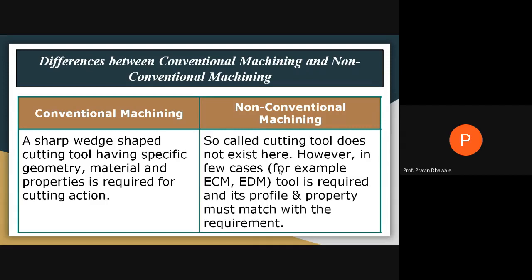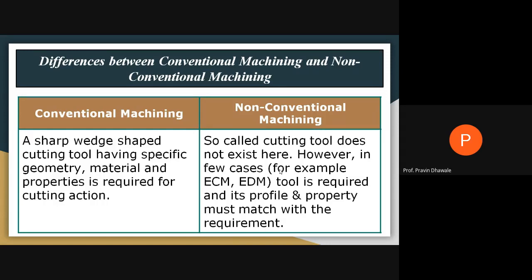That is, in case of non-conventional machining processes, the majority do not require a tool to remove the material from the workpiece. But there are certain processes where we provide a profile shape tool.